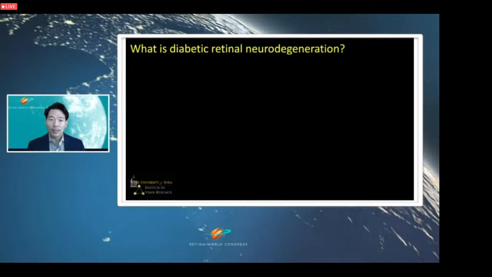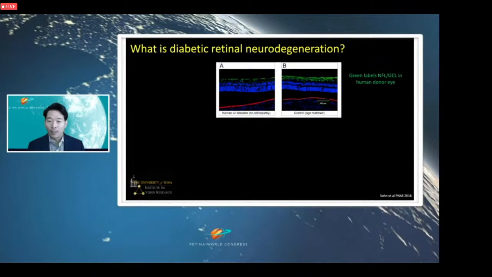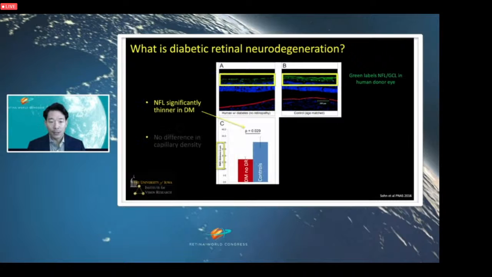So what is diabetic retinal neurodegeneration? An example I'm going to highlight shows a diabetic donor eye compared to a control human donor. In green, what you're seeing labeled are the NFL and GCL in these human donor eyes. The green layer, the NFL and GCL, is significantly thinner in the diabetics without any diabetic retinopathy compared to control.